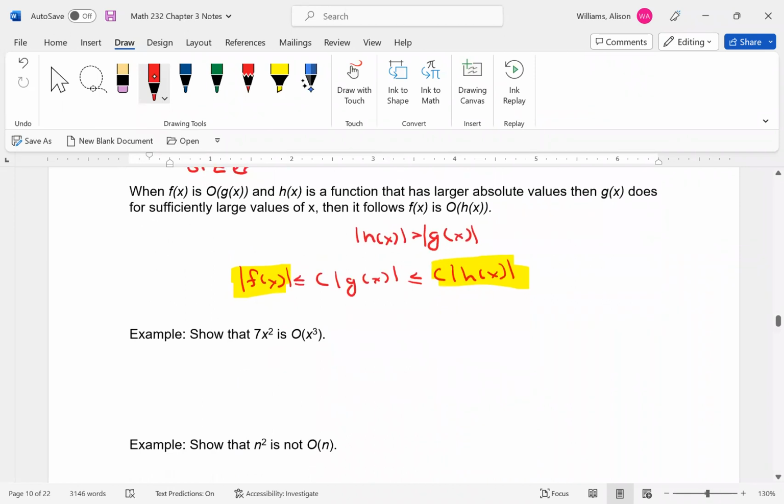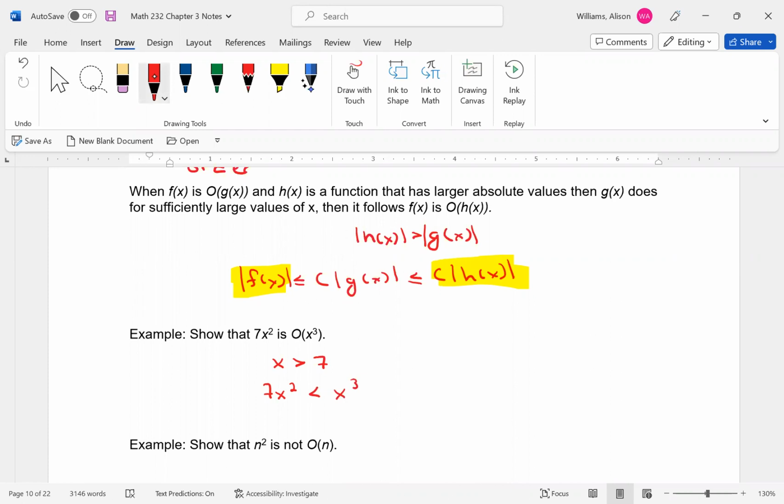Let's show that 7x squared is big O of x cubed. Okay, so this one isn't too complicated because if we look at when x is bigger than 7 in particular, when that happens, 7x squared is going to be less than x cubed, right?